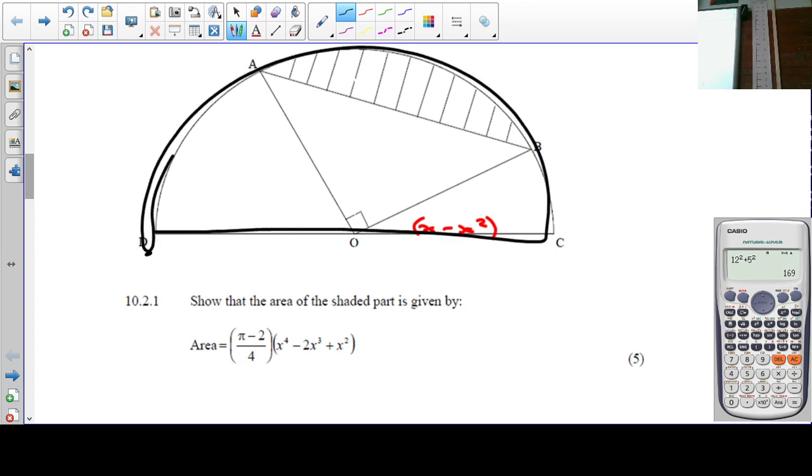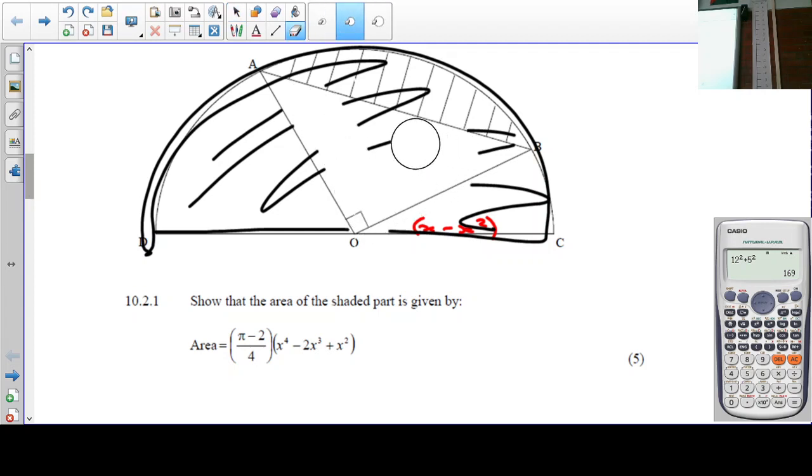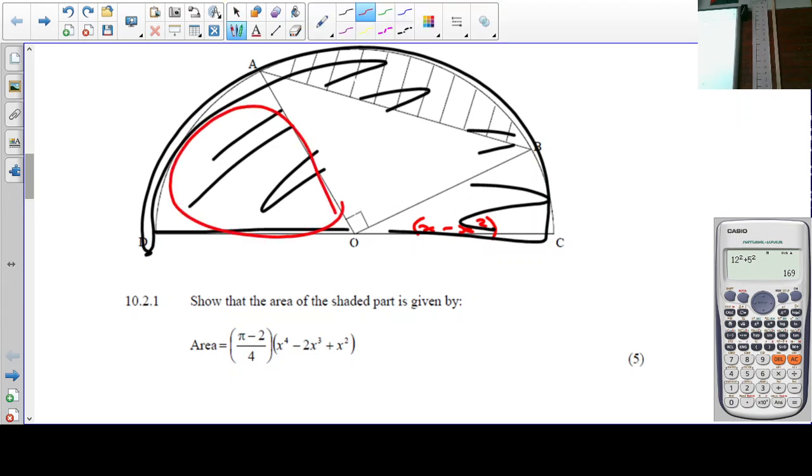The area of the semicircle minus the area of the triangle. But look here. What about this and that? That's included.